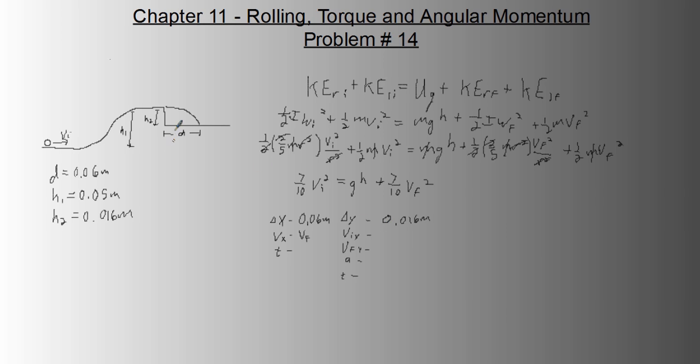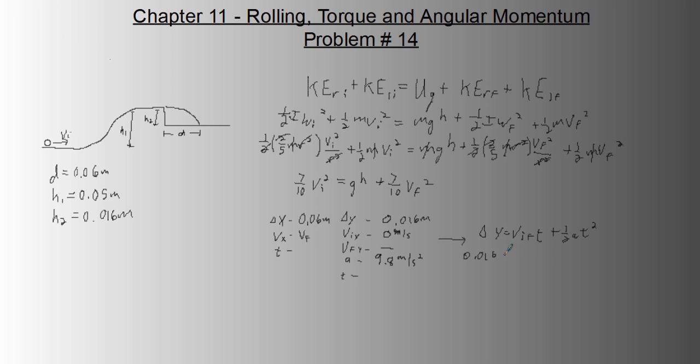Starts off at rest because it's launched horizontally, that's nice. 0 meters per second. Through your experience, you hopefully are comfortable with not needing to know this at this point. And we're calling down positive, so this is positive 0.016, so this is positive 9.8 meters per second squared. With this we can figure out t using delta y equals v initial y t plus 1/2 a t squared.